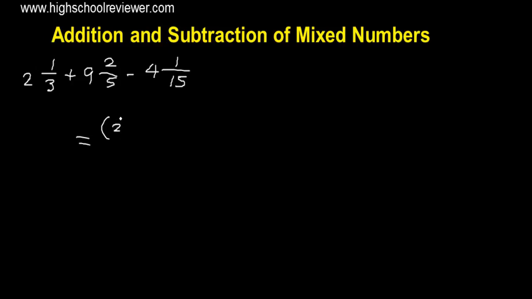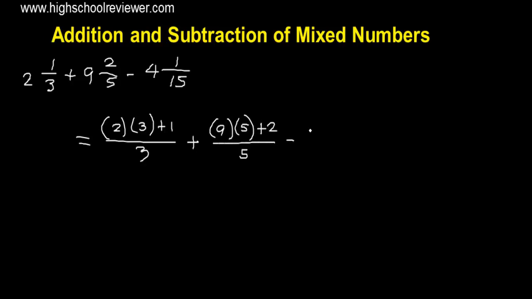This will be 2 multiplied by 3 plus 1 all over the denominator, which is 3, plus 9 multiplied by 5 plus 2 all over 5, minus 4 multiplied by 15 plus 1 all over 15.